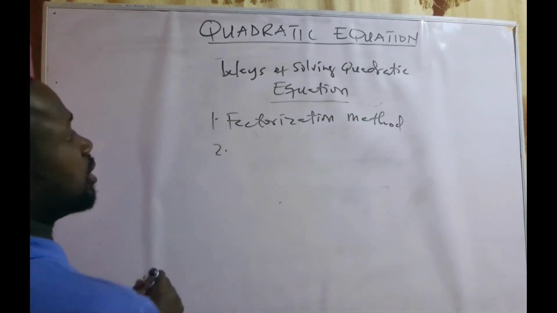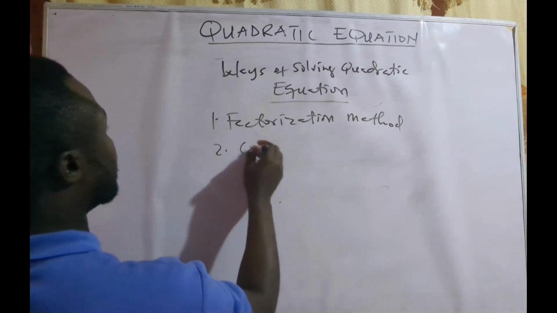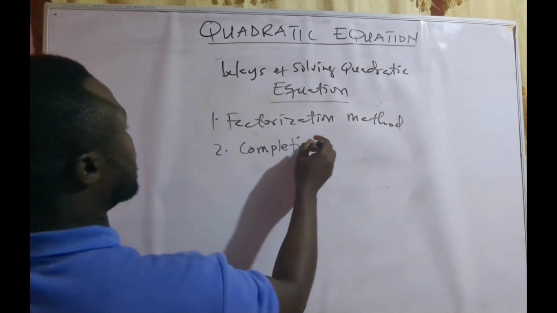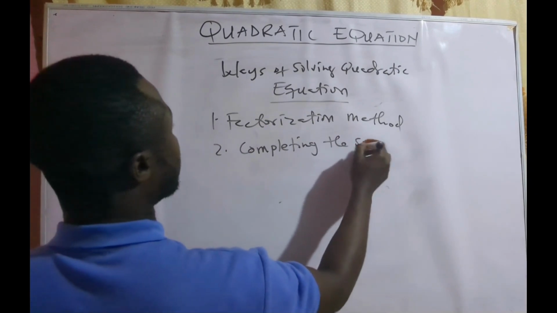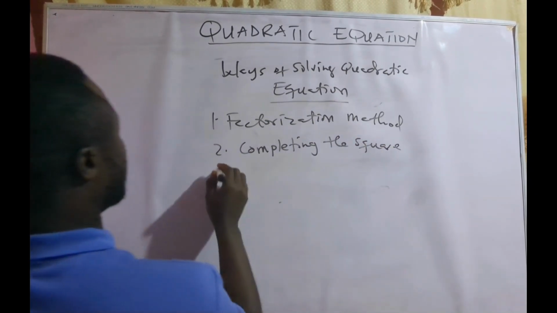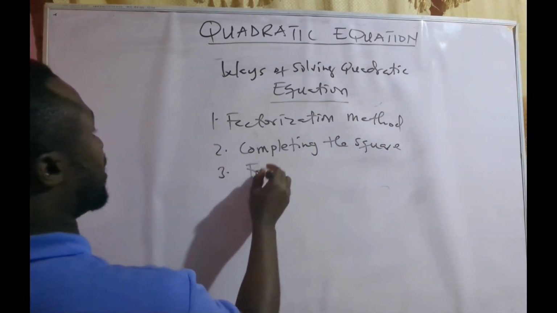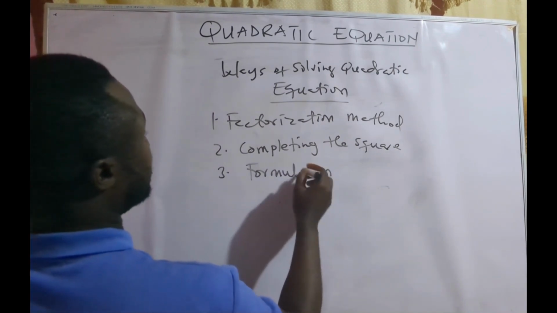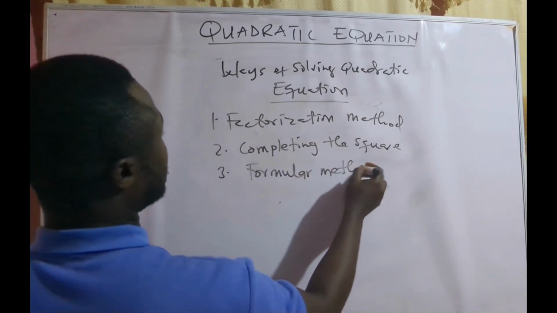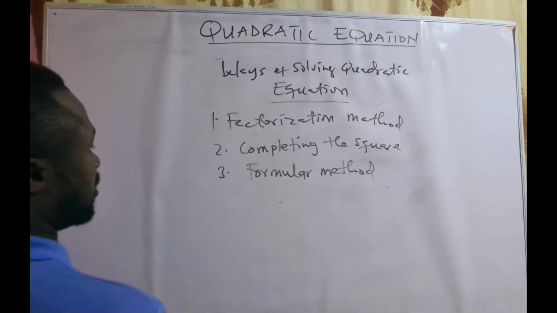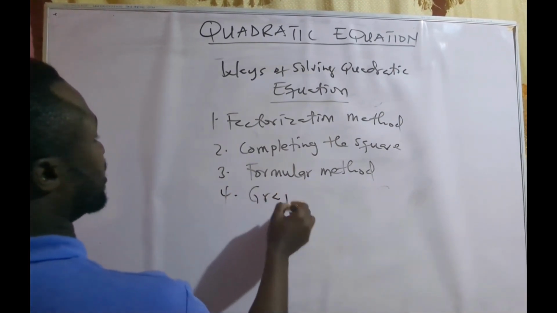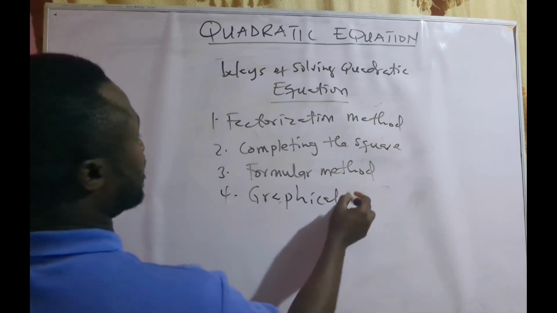Number two, we can also have completing the square. Number three, we can also use the formula method. And then number four, we can also go by the graphical method.